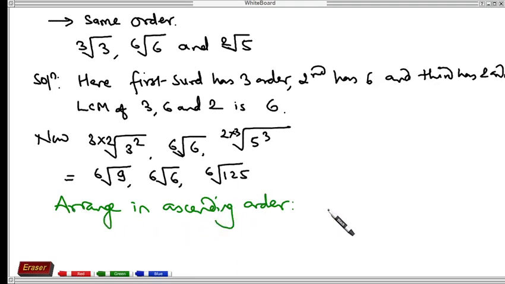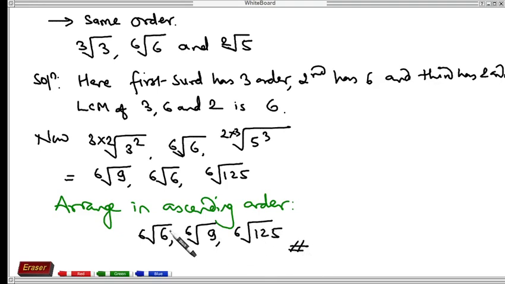Now arrange in ascending order: we look inside the radical sign. The smallest is the 6th root of 6, then the 6th root of 9, and then the 6th root of 125. In this way we can write in ascending order. If we need descending order, just reverse the process. In this way we can express in order as well.